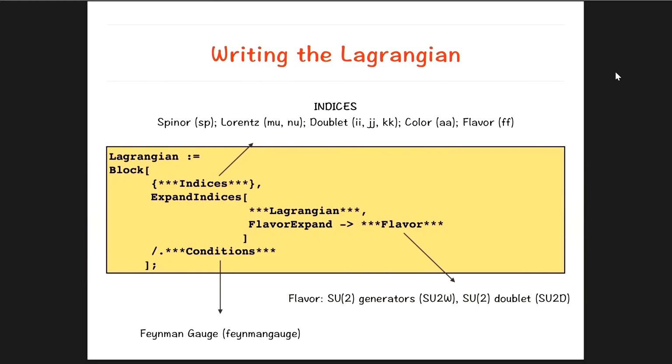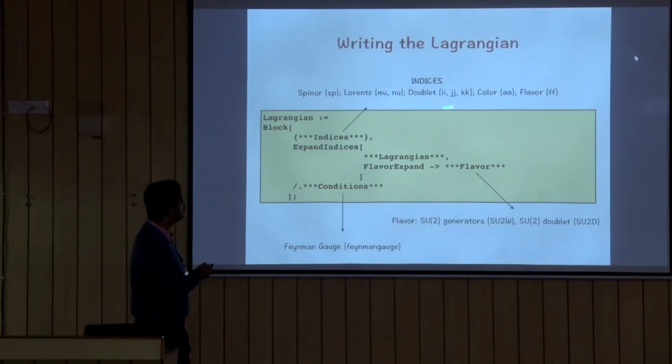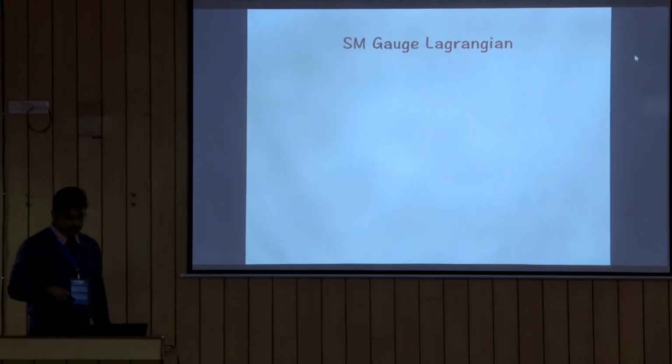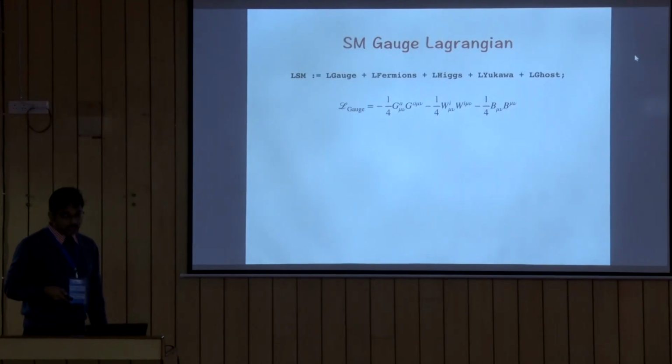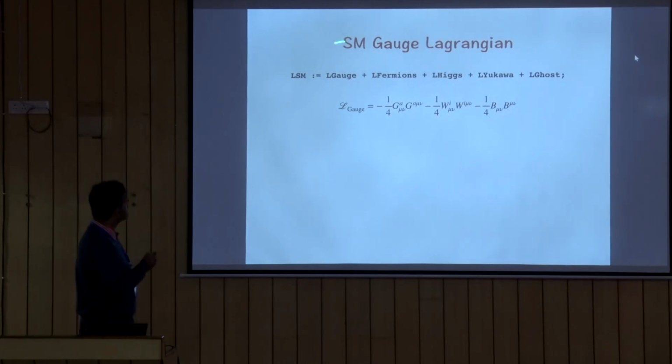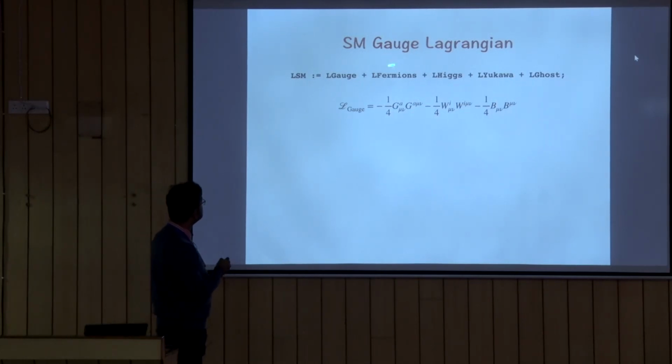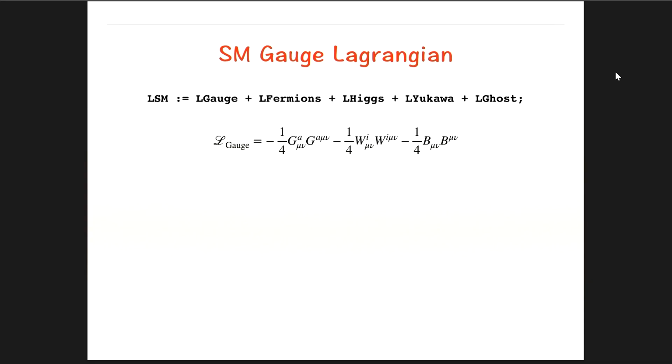It is customary that we do not mix and match, because then the Lagrangian will not be complete. So the total Lagrangian in the standard model is the gauge Lagrangian, the fermions, the Higgses, the Yukawas and the ghost terms.